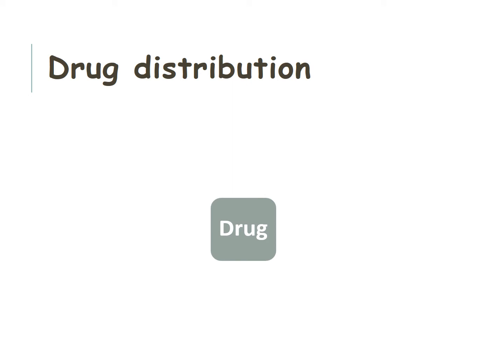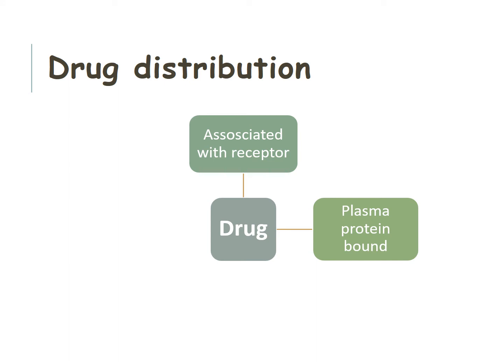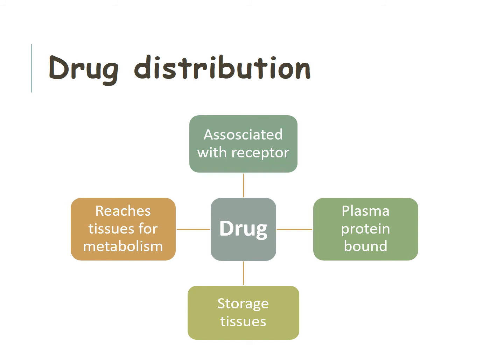So the drug distribution: there is a drug, and where all does it go? It may be associated with receptors, so it can move to the receptors for the action. Some may be plasma bound, bound to the plasma in the blood itself. Some may go to storage tissues. In our body there are different types of storage tissues, and it can go to them, and some reaches sites for metabolism.